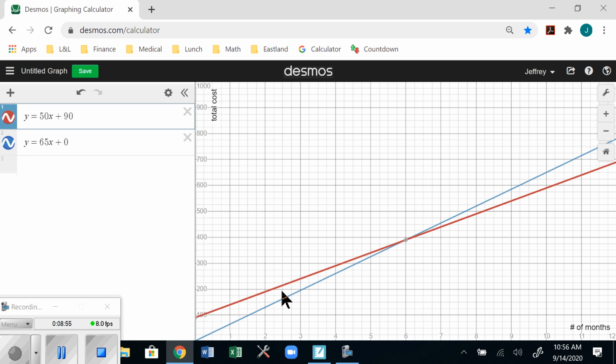Delta Cable starts much lower because it's free right off the bat. There's no installation charge. But then every month it goes up by $65. And since this blue line Delta Cable has the higher slope, you know eventually it's going to catch up and eventually it's going to cost more. Now that point would be right where these two lines intersect. We're going to find this by hand.